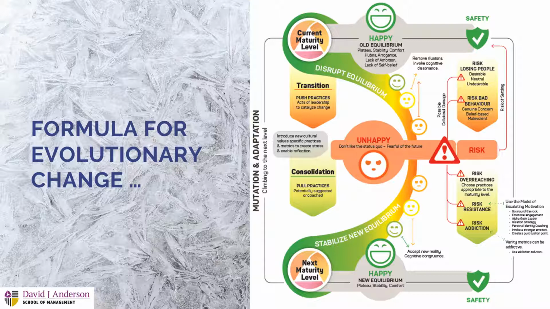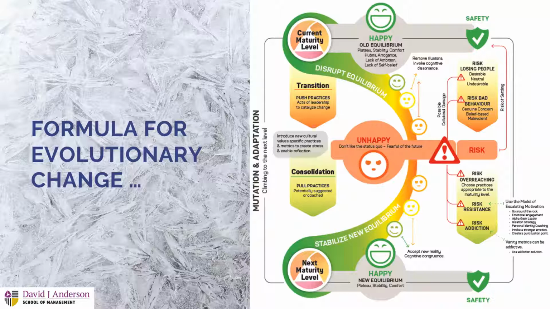And now through this whole process and taking acts of leadership, you will go slowly again to this new equilibrium. So you will grow in terms of your maturity. And this new equilibrium very soon should become the old equilibrium when you will feel that you need to improve again.